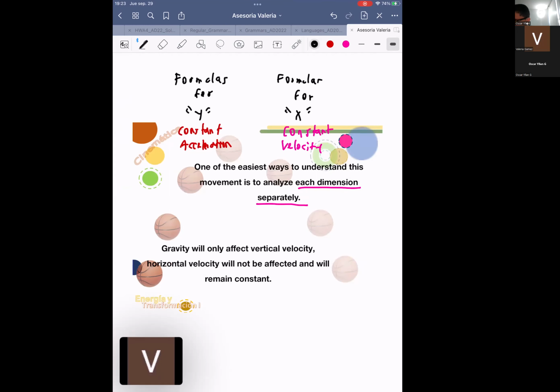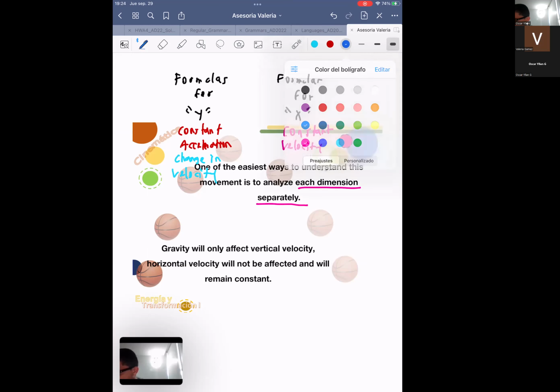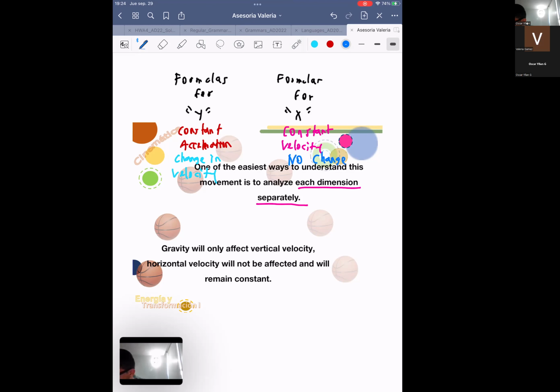So in here, there's going to be a change in velocity because it has an acceleration. And this, as it says that it's constant, there's no change in velocity, because we said that this one has a constant velocity. So in x, our velocity horizontally is always going to be the same.